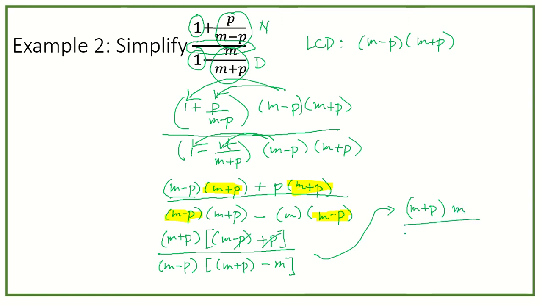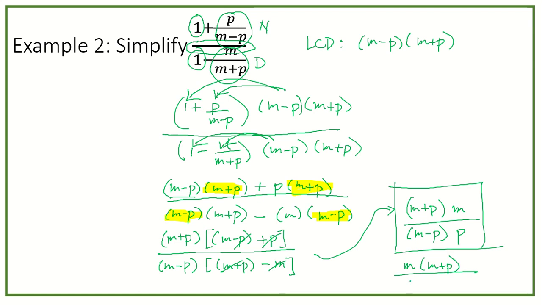Dito naman, m minus p, m plus p minus m, magiging 0 si m minus m. So, p na lang yung matitira. And there you go. That's the answer. It would be better if we write it as m times the quantity of m plus p all over p times the quantity of m minus p. Okay? That's it for complex fraction.